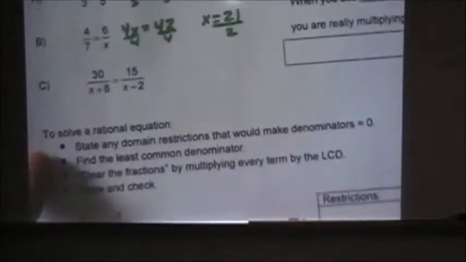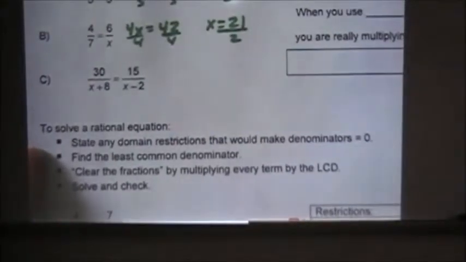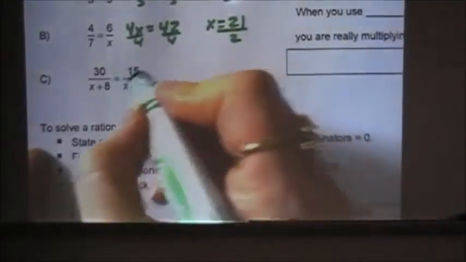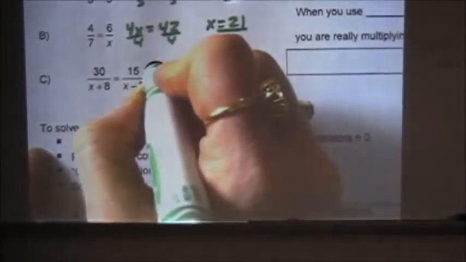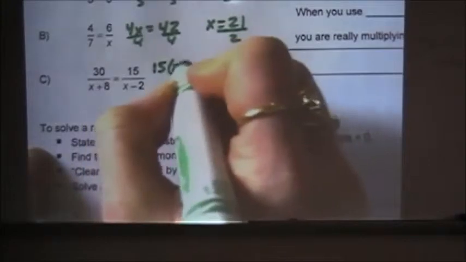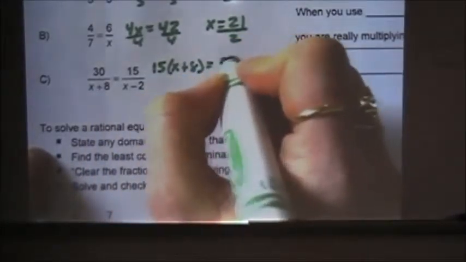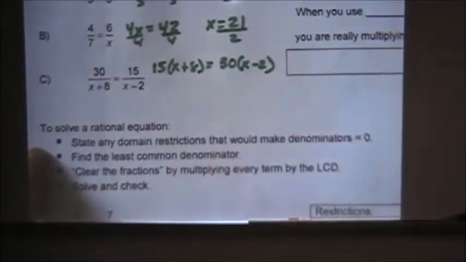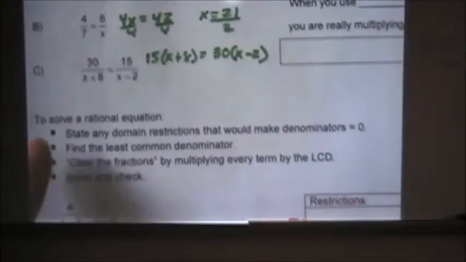And then for c, it's a touch different just because it's got a group down here. Remember, a fraction bar is a grouping symbol, so that isn't just x and 8, it's x plus 8, like they're married together. So when you cross multiply, I would go ahead and take that extra step and do 15 times x plus 8 equals 30 times x minus 2, so that I don't mess anything up. I remember to distribute.